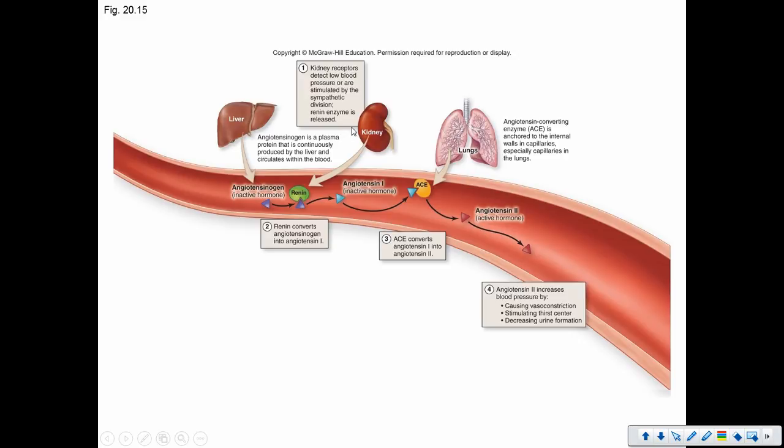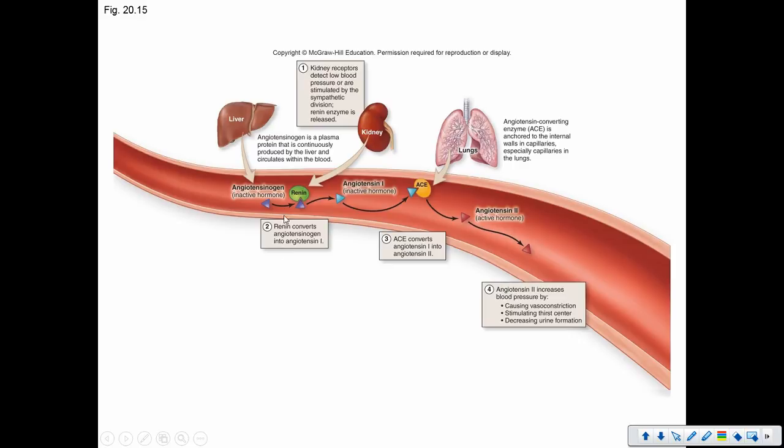And we know now that the kidneys, when they detect low blood pressure, produce renin. What cells produce renin? Starts with a G. Granular. Yep, granular cells from the juxtaglomerular apparatus, right? So the granular cells release renin.